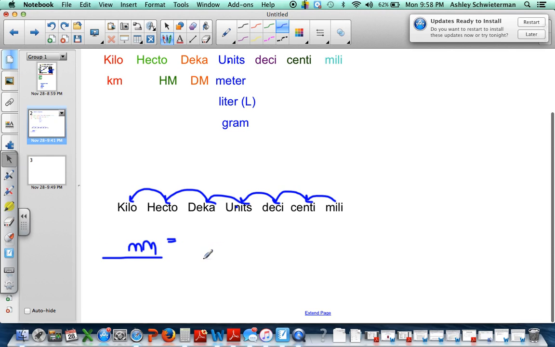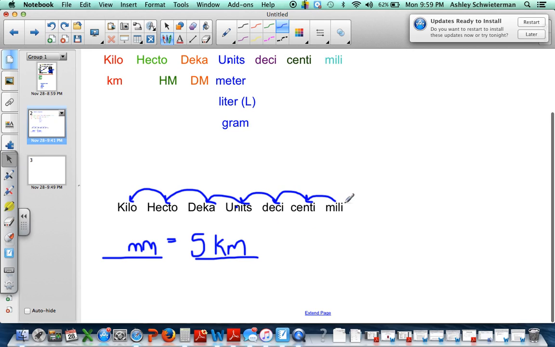I want to figure out how many millimeters would there be in 5 kilometers.